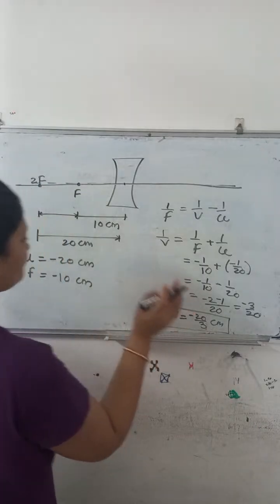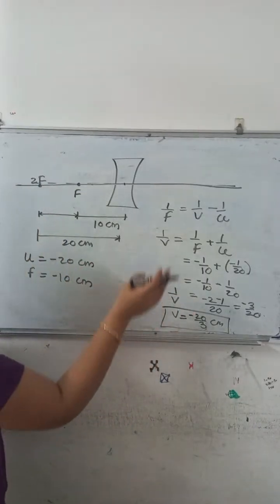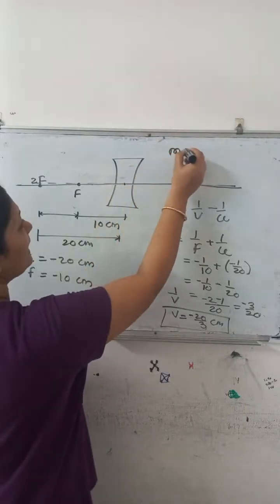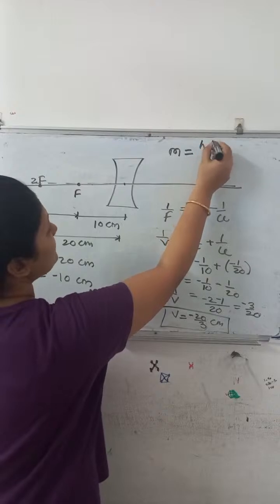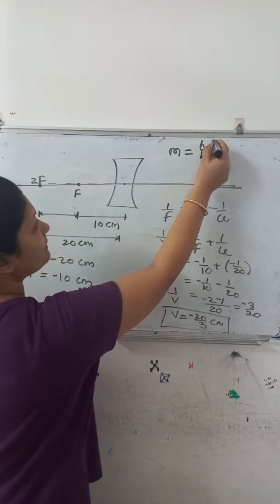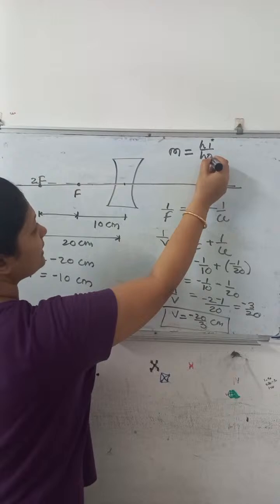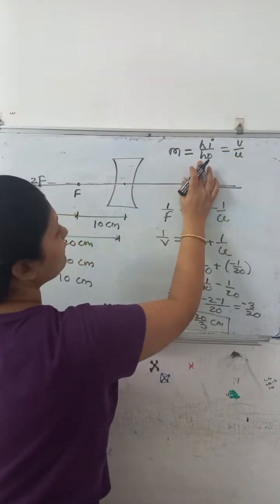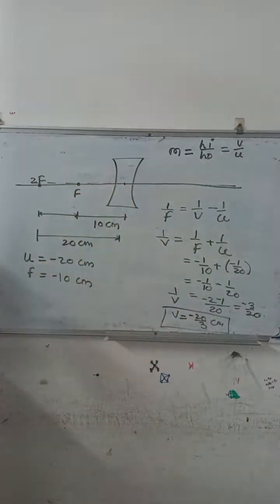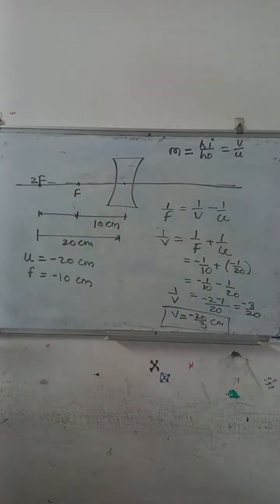Once you get V, then find out the size of the image by using magnification. In magnification we have HI by HO, that is image height by object height, and we can also write it as V by U. This is the magnification formula, so from this we can find the magnification.